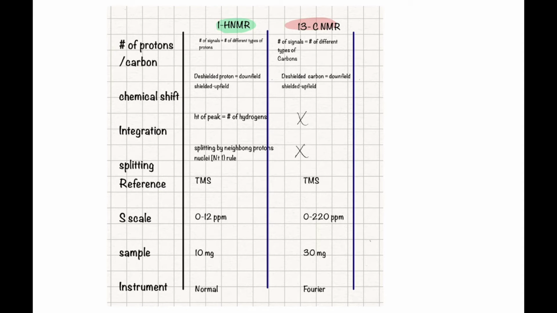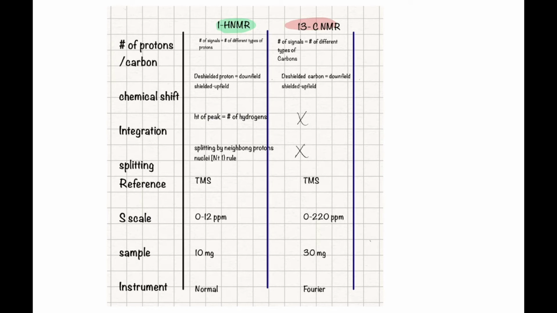Chemical shift: the deshielded protons exist in the downfield region, whereas the shielded protons are in the upfield region. The same is true for carbon-13. The deshielded carbons are in the downfield region, whereas the shielded carbons are in the upfield region. Next is the integration.